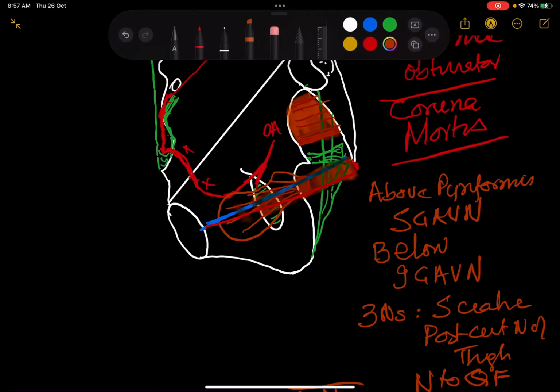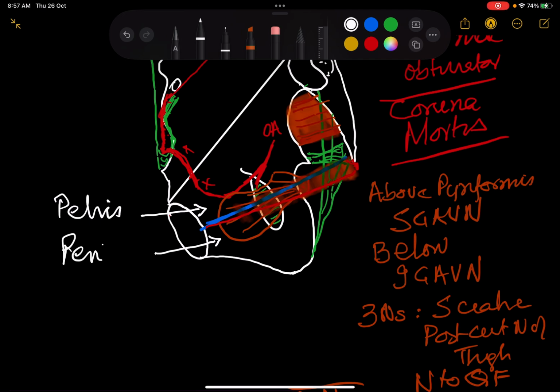Above the levator ani is the pelvis. Below the levator ani is the perineum. And the perineum has two parts.